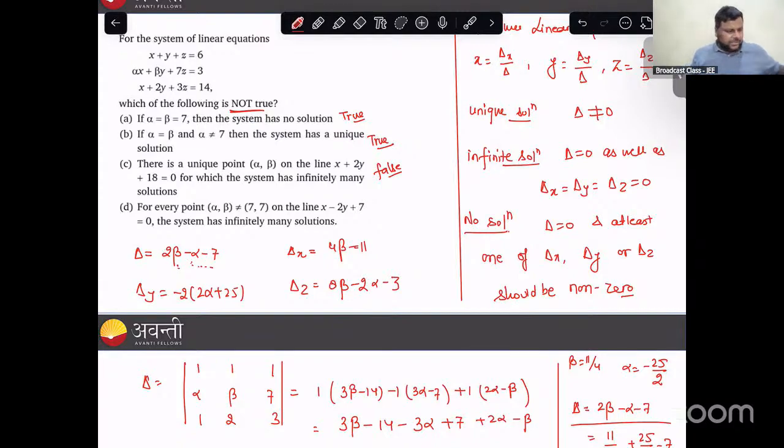Some calculation error is what I'm making, I'm sure. Something is wrong. Is there anything I'm doing correct? Please check once, everyone. Am I getting the right delta x, delta y, delta z?